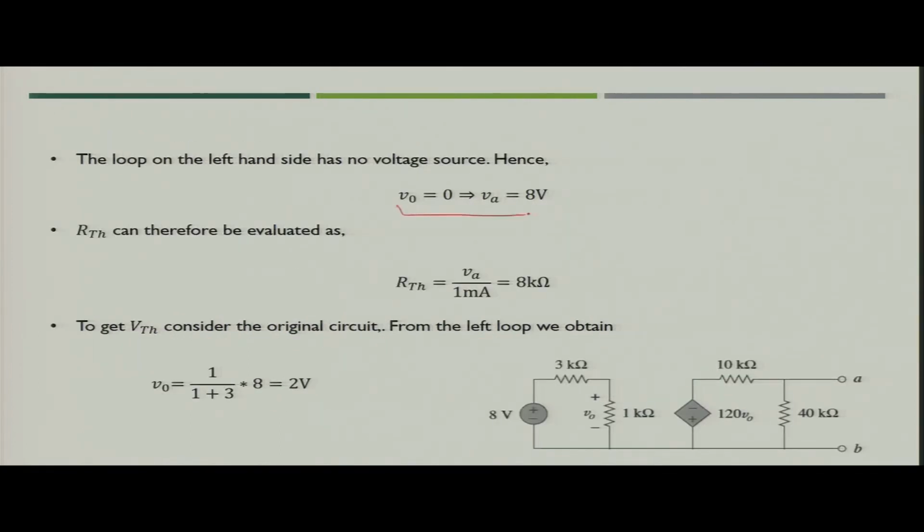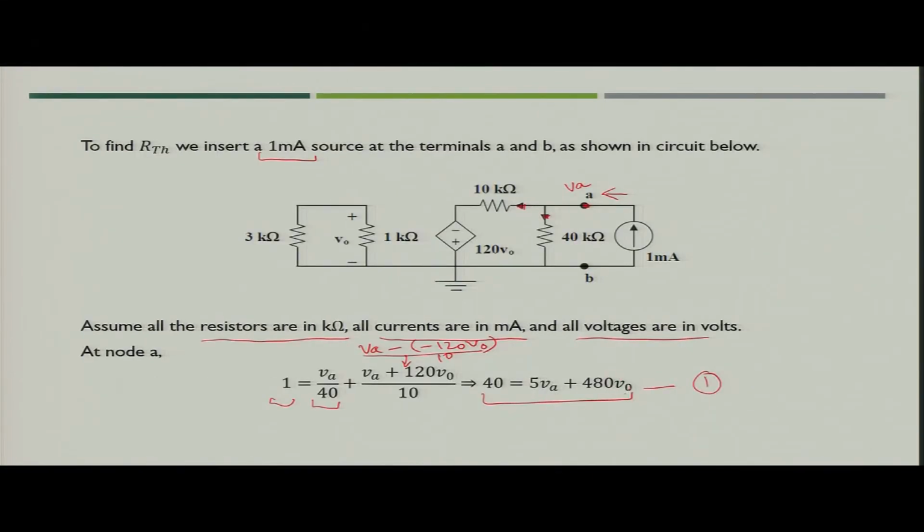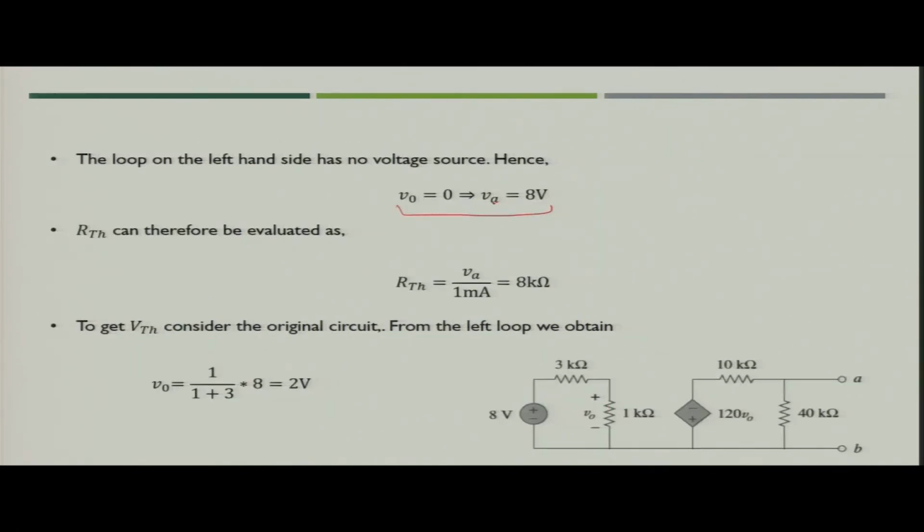So, what we get finally? If you put the value of V naught as 0 here, you will finally get 40 is equal to 5 V A. If you simplify, you get V A equal to 8 volt.